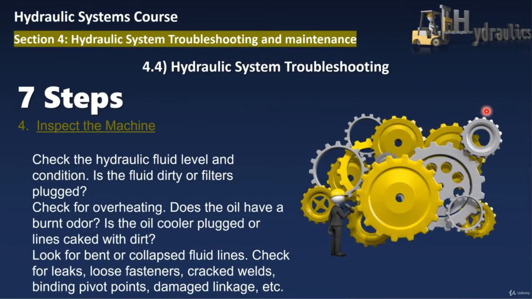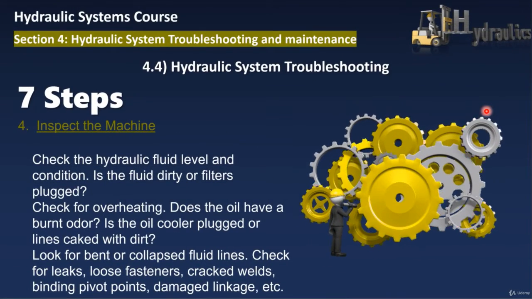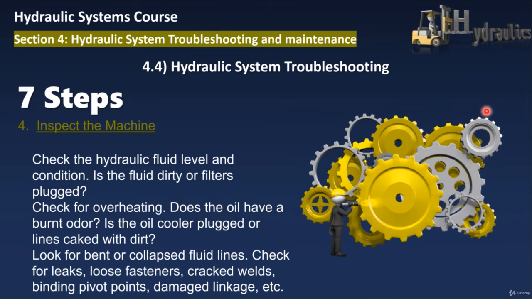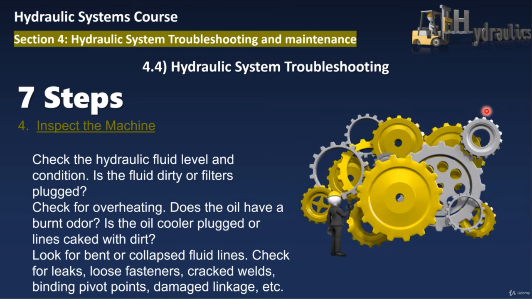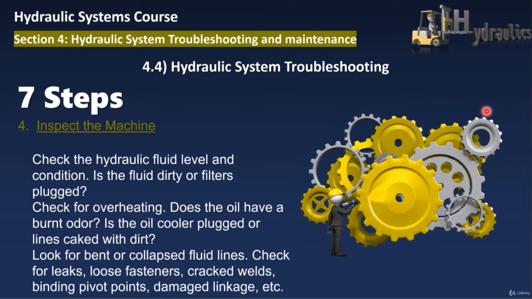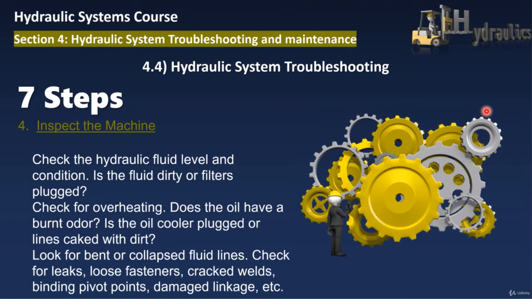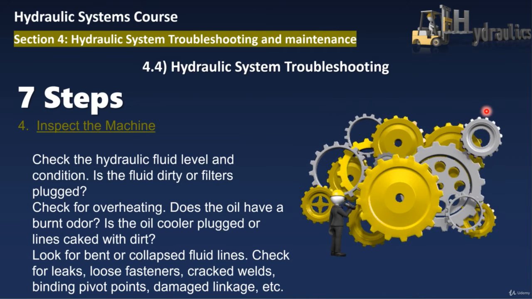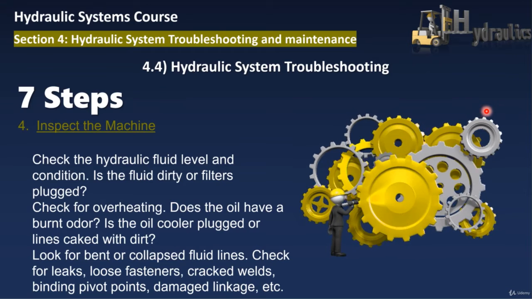Then inspect the machine. Check the hydraulic fluid level and condition. Is the fluid dirty or the filter plugged? Check for overheating. Does the oil have a burnt odor? Is the oil color off, or are lines caked with dirt? Look for bent or collapsed fluid lines.